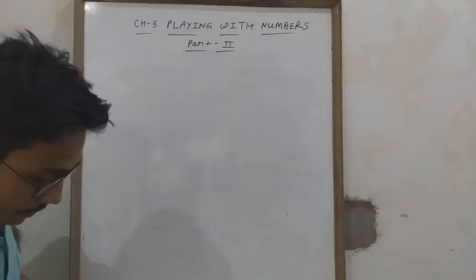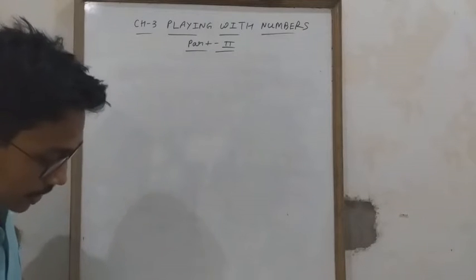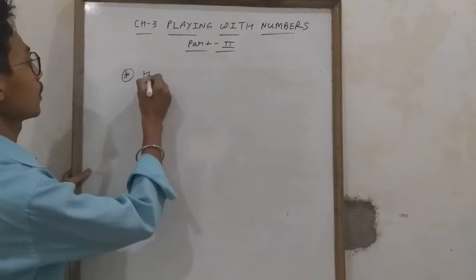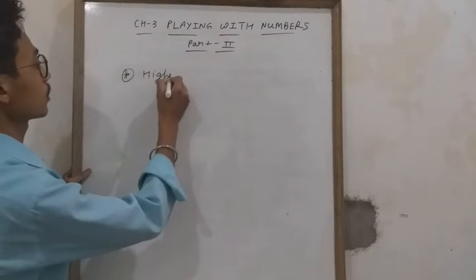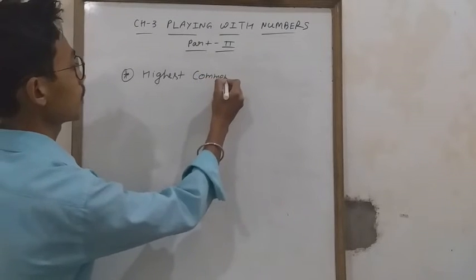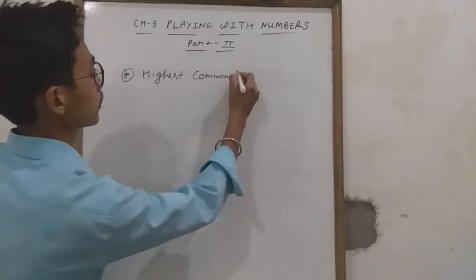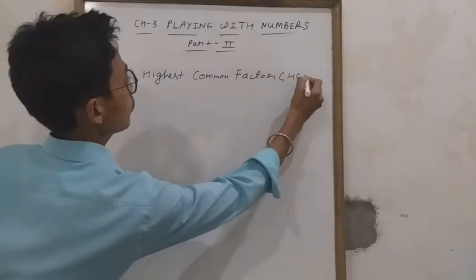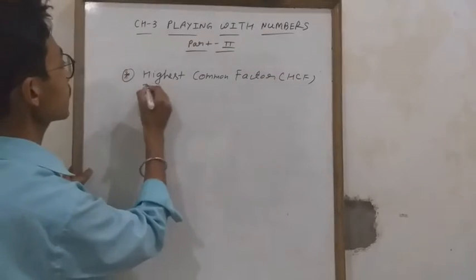our next topic is highest common factor. Clear, everyone? Next topic is highest common factor, meaning HCF. We have to find out HCF. One is HCF, one is LCM. So first we will discuss HCF.